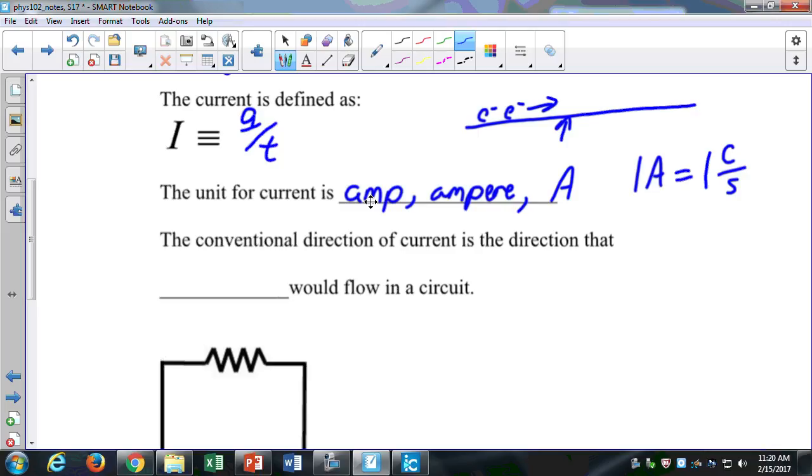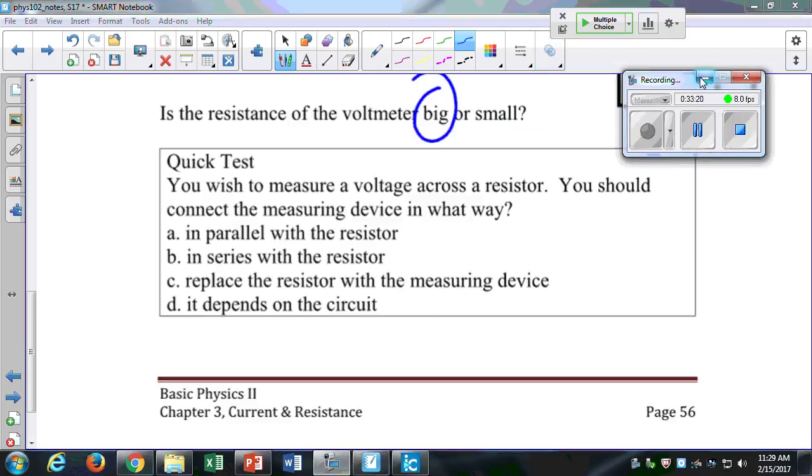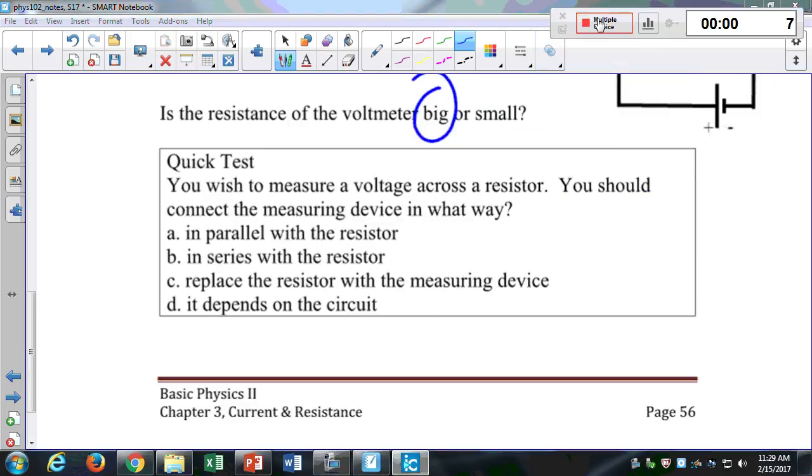Oh, shoot. I want to show you that video. Can I show it to you right quick? So before we get into this, it goes back to capacitors. Connect it in parallel and series, replace the resistor with the measuring device, or does it depend on the circuit?